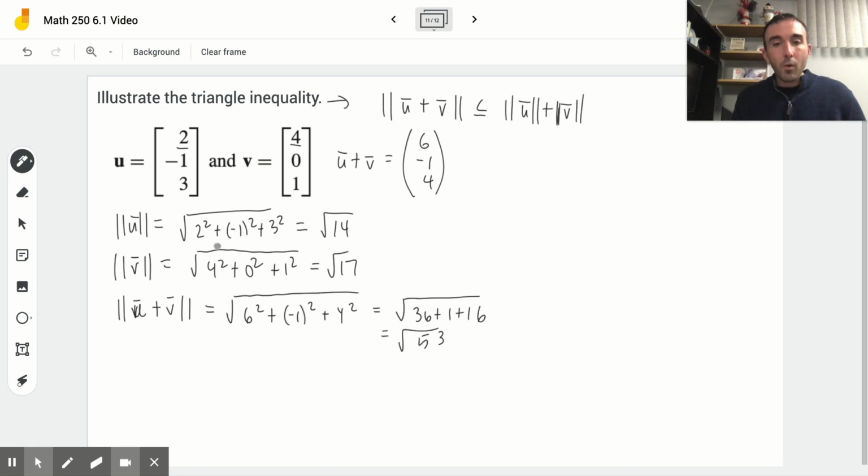So now that I have my results, I want to go back and see, does this actually hold up? Is radical 53 less than or equal to radical 14 plus radical 17? So using a little bit of mental math, we know that this is a little bit more than 7.